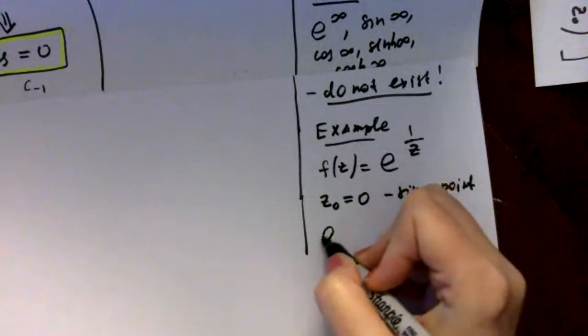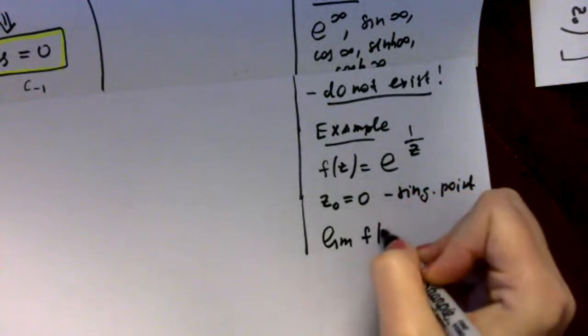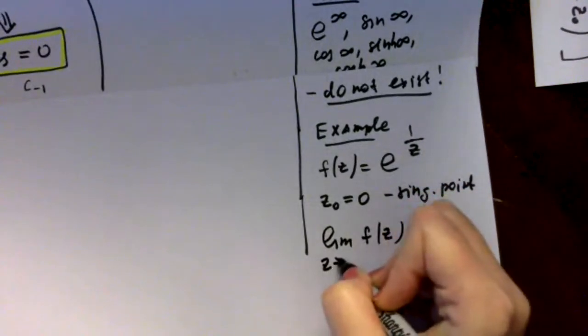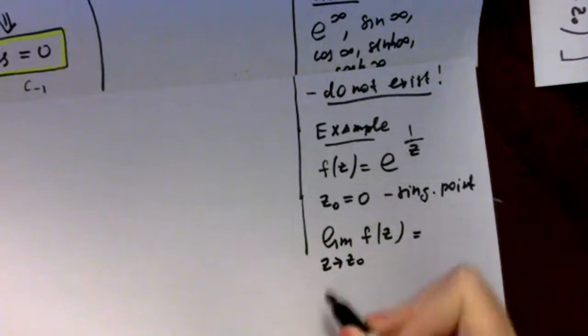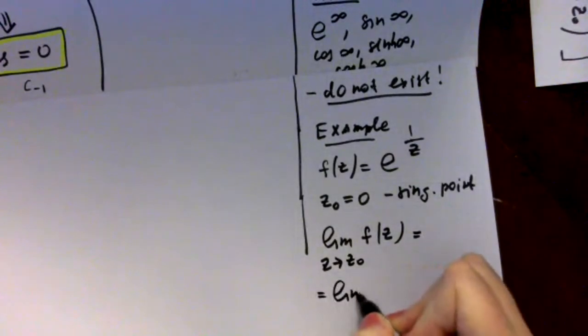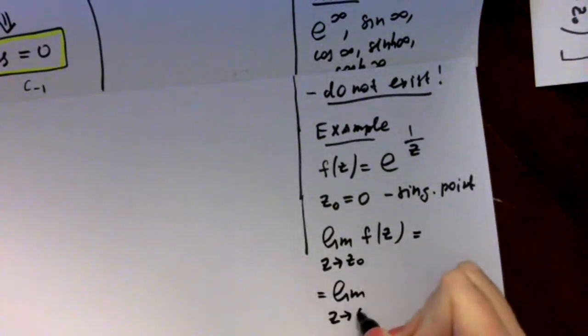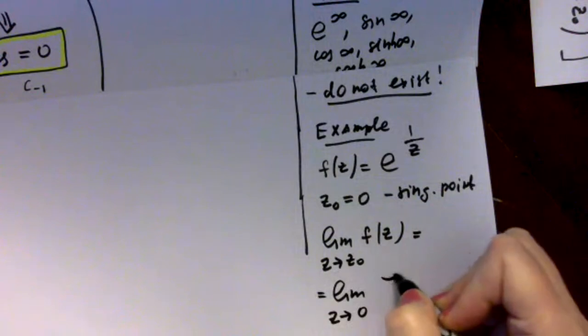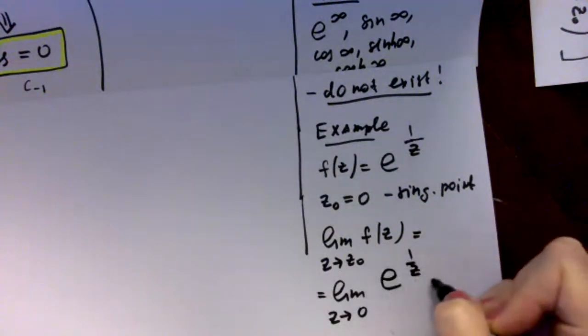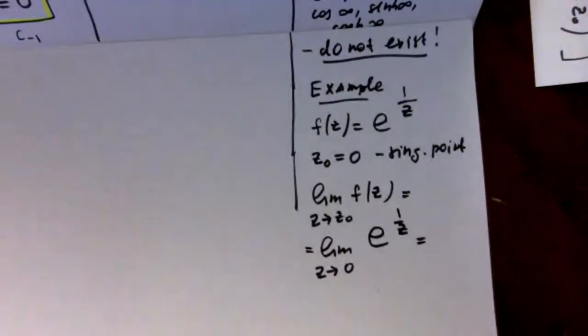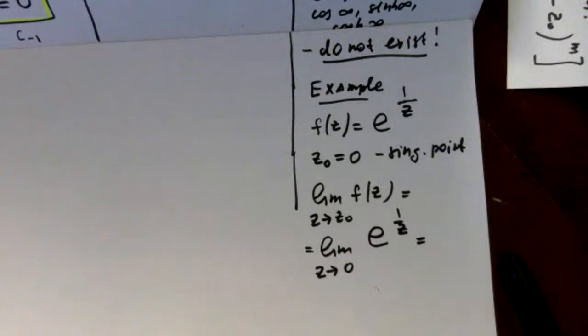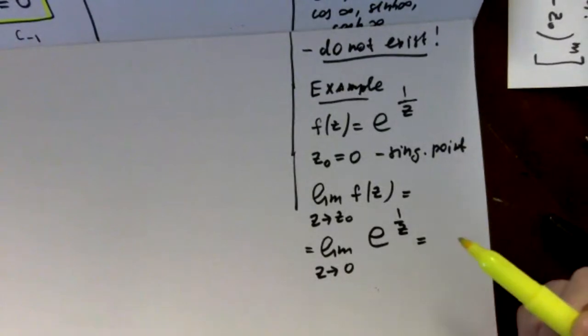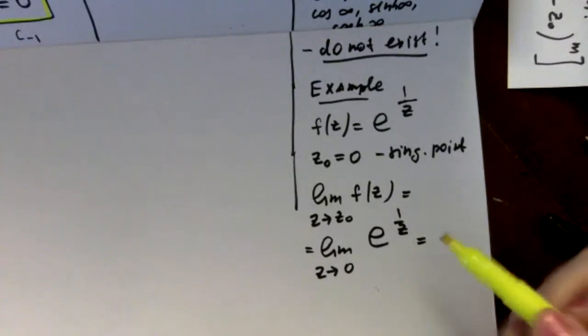What should we do in this case? We need to find the limit of our function according to our rule when z tends to z0. In our concrete case, it will be rewritten as z tends to 0, of course, to our singularity point, and the function is 1 divided by z. What do we have here? We should do the calculation of this limit in steps.